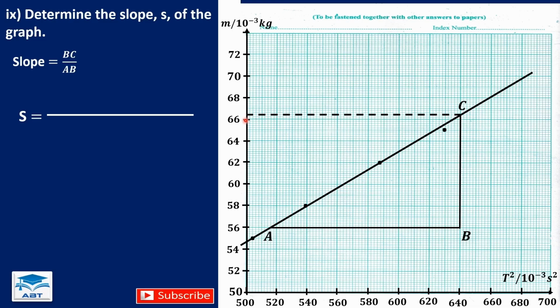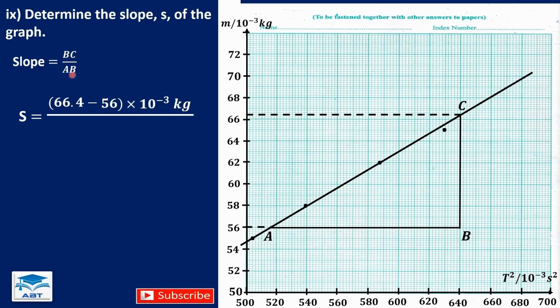One small box is going to be 0.2, 66.2, 66.4 minus for B part, we have 56. Remember, on the vertical axis, we change it to standard form, so we have times 10 to the negative 3 kilogram. So that is C minus B.